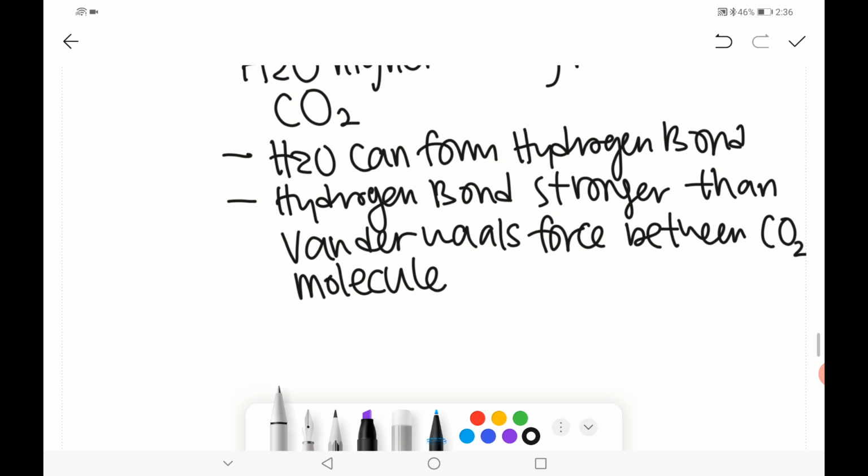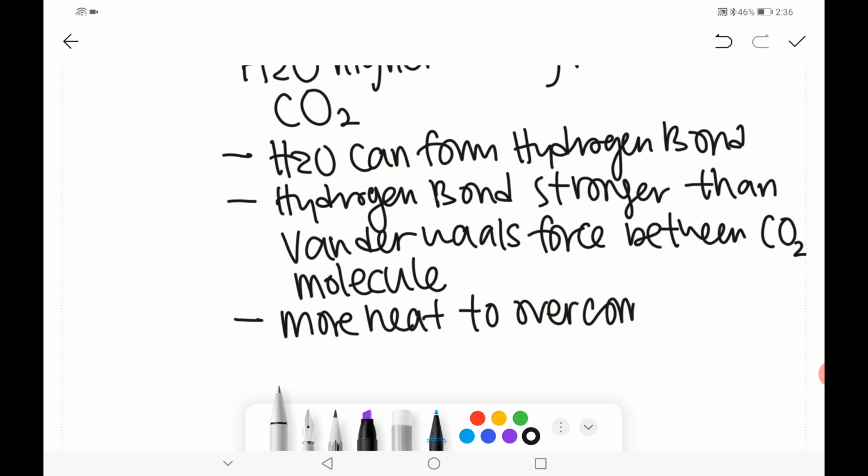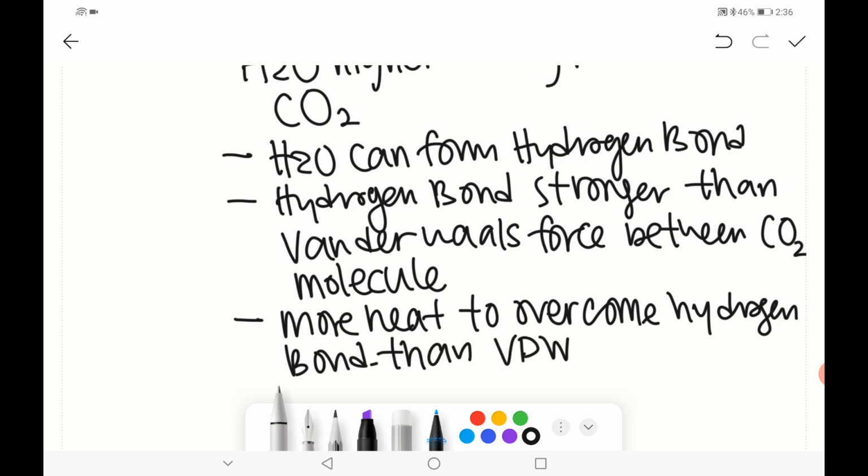Carbon dioxide is a covalent compound. We only have van der Waals force, and the van der Waals force is weaker than hydrogen bond. Therefore, you need more heat to overcome the hydrogen bond than the van der Waals force.